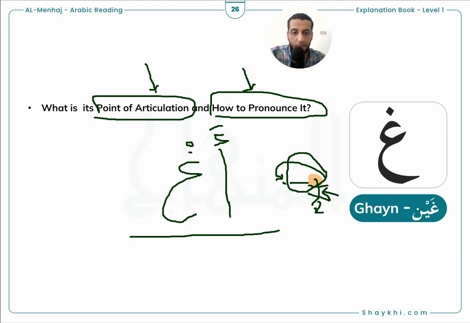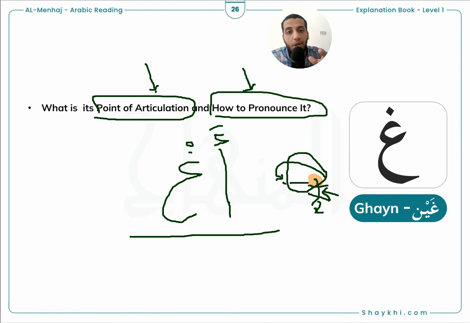This is how to pronounce the letter Ghayn, from the beginning of the throat, which is nearest to the mouth.